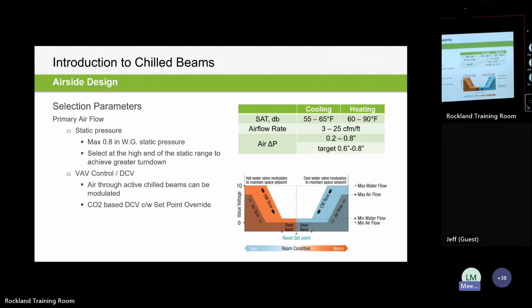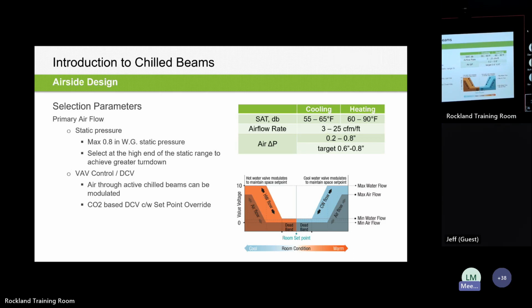And then the minimum, and this is kind of industry standard general guidance, of keeping it to 0.2 inches or above. So if you want to design for a bit of turn down on the CFM, say if you're doing demand control ventilation and measuring the CO2 in the space, you could design those conference rooms or office spaces for peak load at 0.8 inches of water column.